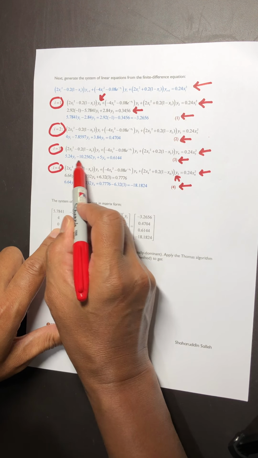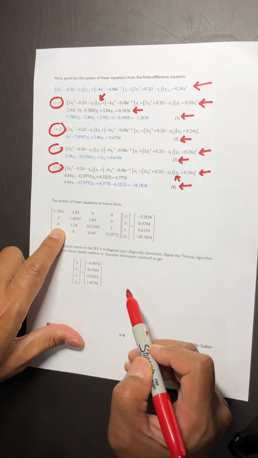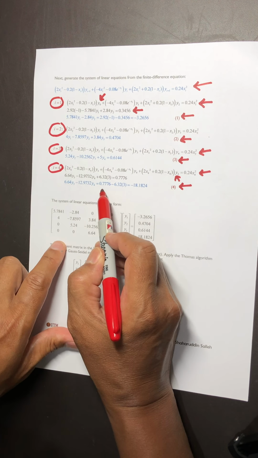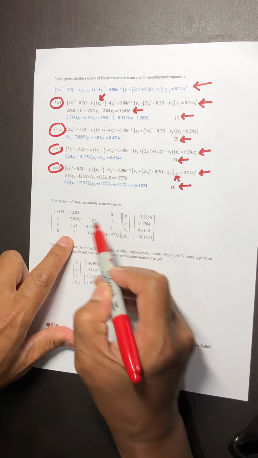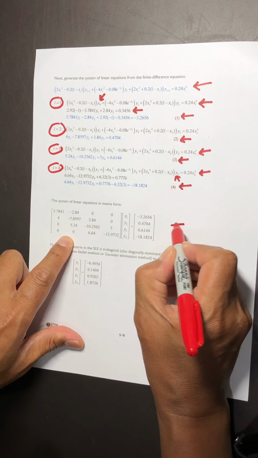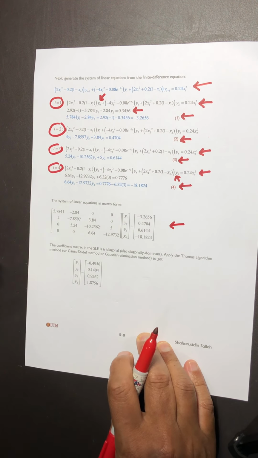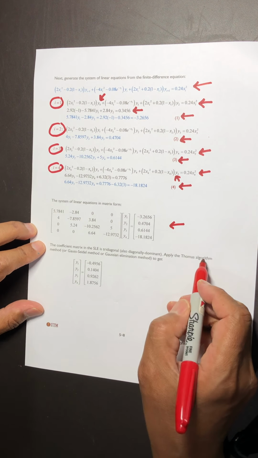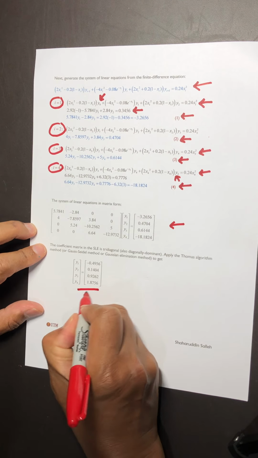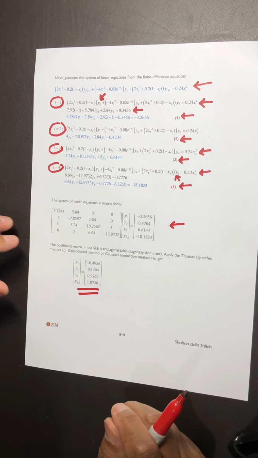Same thing with third equation, no y1, so 0 here. And the last equation, no y1 and no y2, so we have 0, 0. So we have the matrix form like this. And we can use the Gaussian elimination method or the Thomas algorithm method to get the solution, which is this.